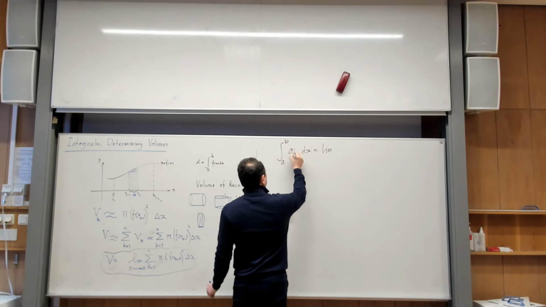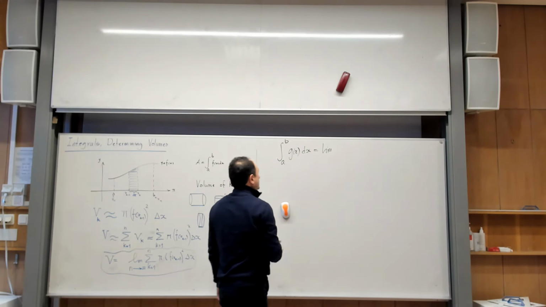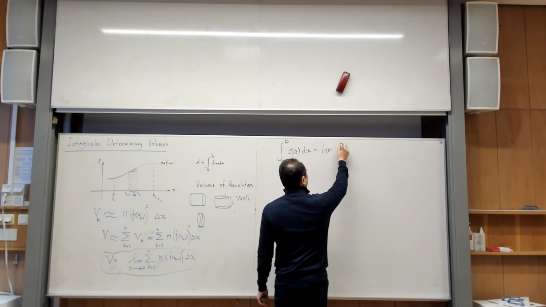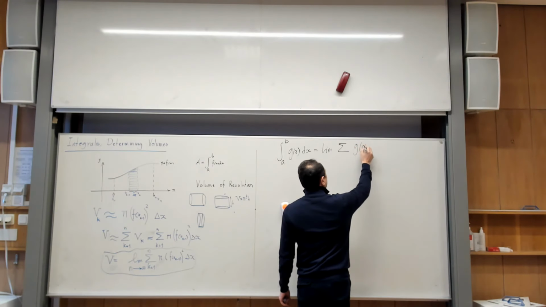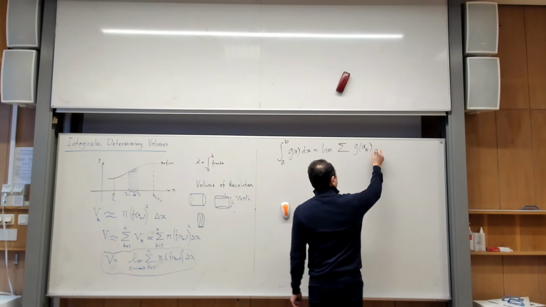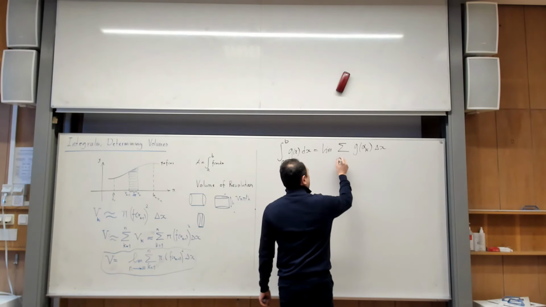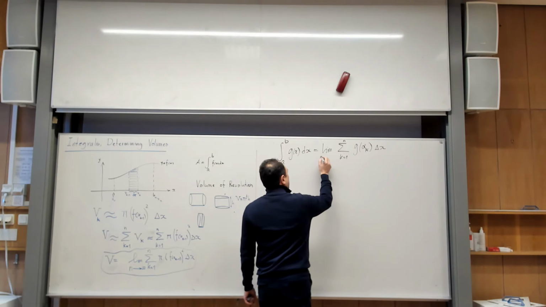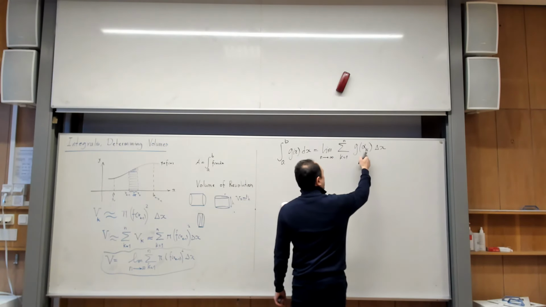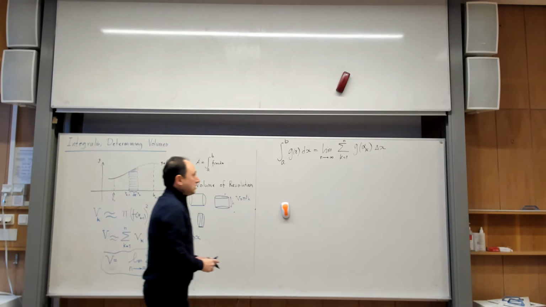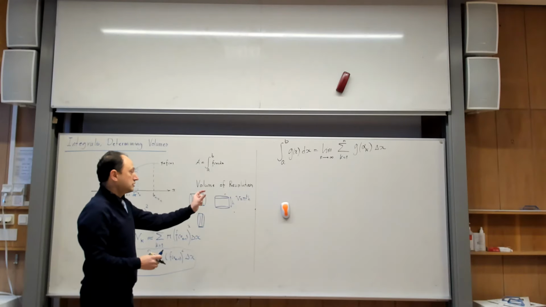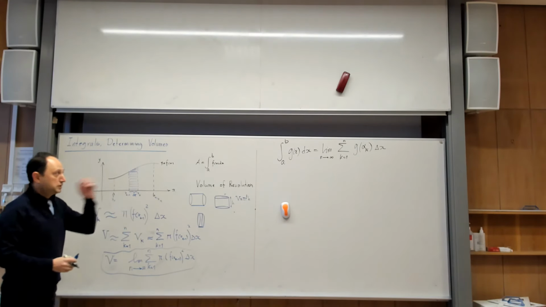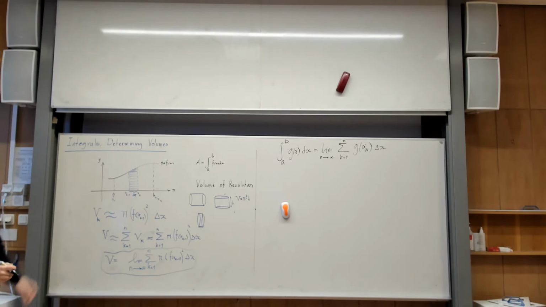The integral of g of x dx is the limit of the sigma of g of alpha k times delta x, where k goes from 1 to n, and n goes to infinity. Alpha k is a number within the kth interval, and delta x is the length of each subinterval. Do you remember that was the definition of the integral of g(x)?